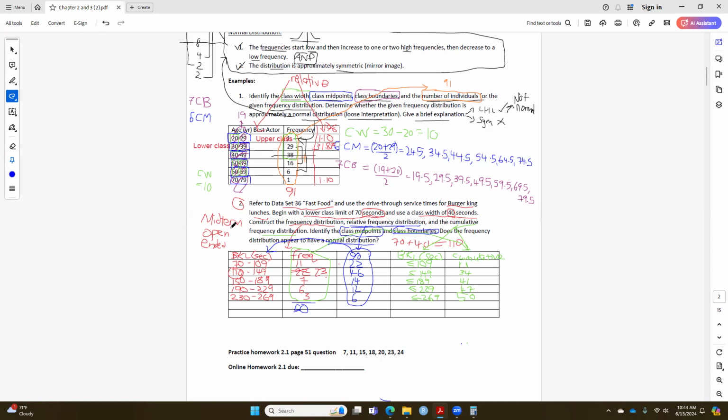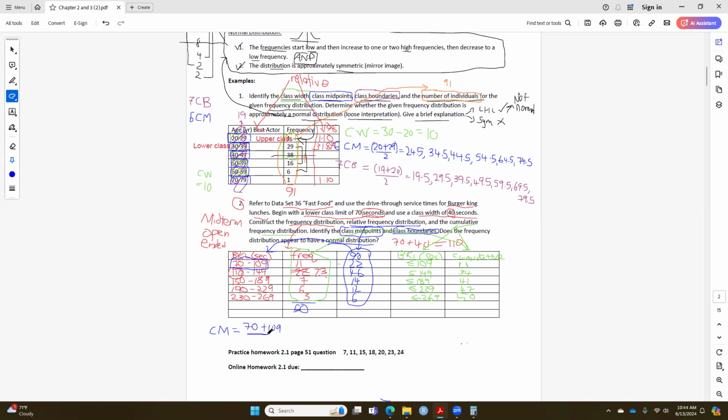So we're going to do the same thing here to find out what the class midpoint is in this case. In order for us to figure out the class midpoint, you just need to do it across. Add these two numbers, 70 and 109, and then divide by 2.